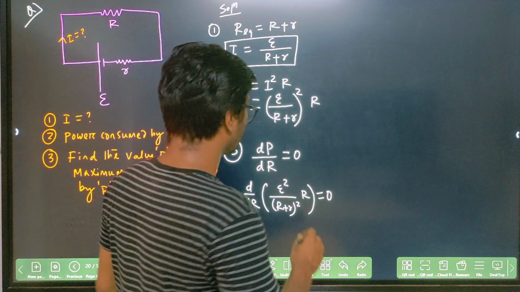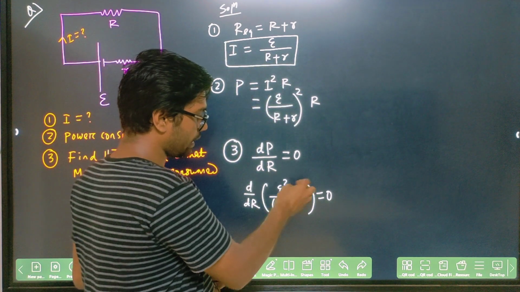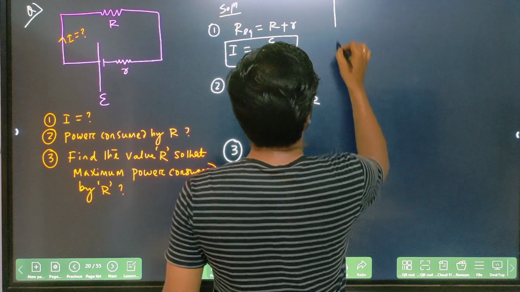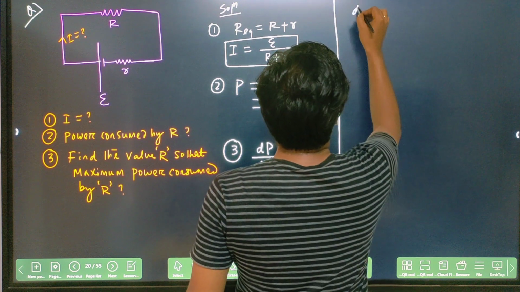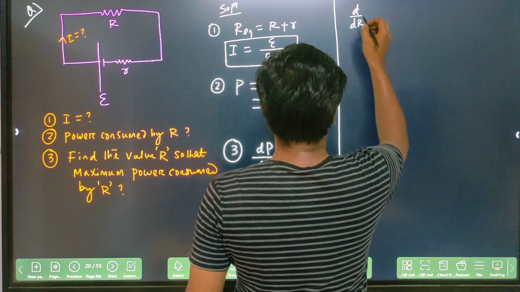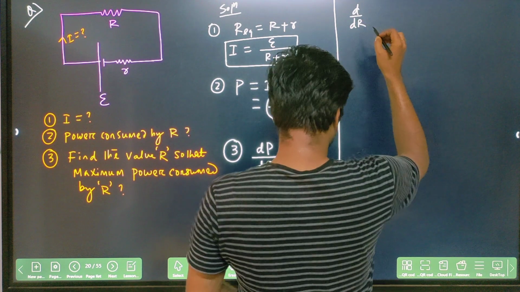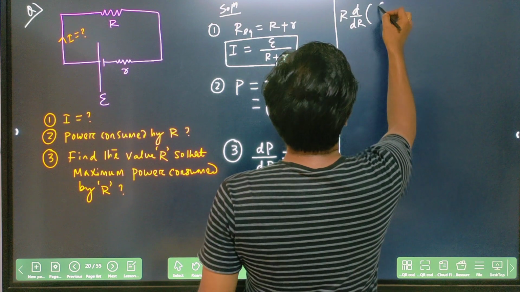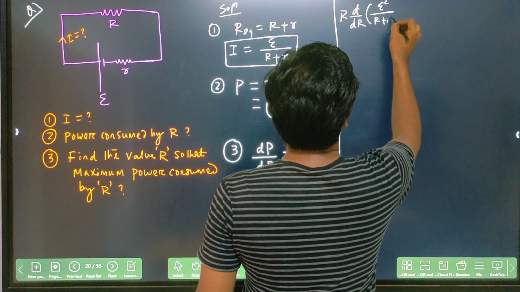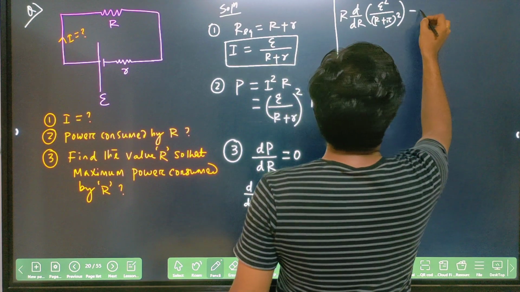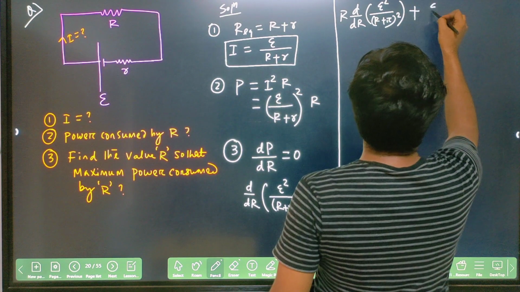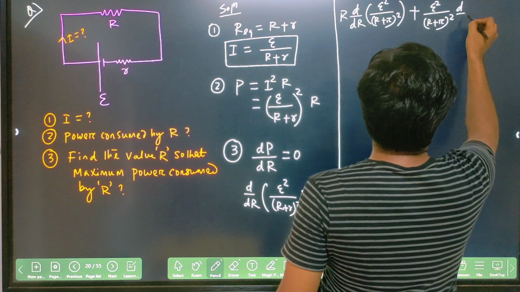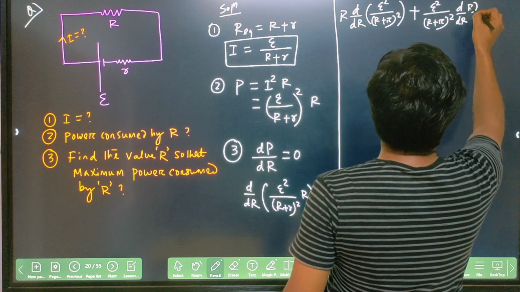This thing I have done. So this is x into y, you can take the product formula. So you will say d by dR: first take R as constant and the derivative of E squared divided by R plus r whole squared, plus take this one as a constant outside, E squared divided by R plus r whole squared, into d by dR of R. Clear?